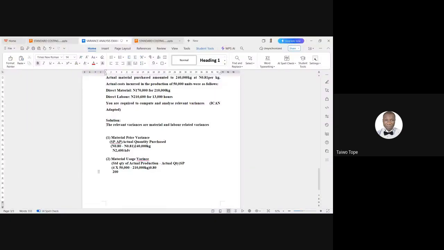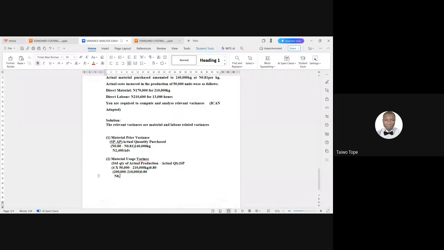Now, the result will be what? This will be 200,000 minus 210,000, adverse, multiplied by 0.80. So when you minus and multiply, the result will be 8,000 naira.